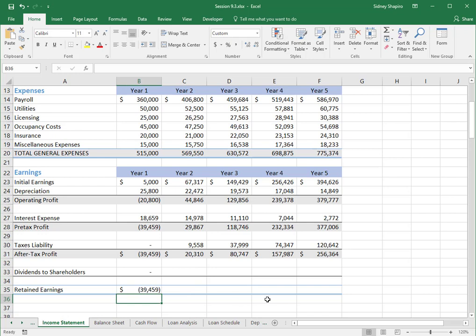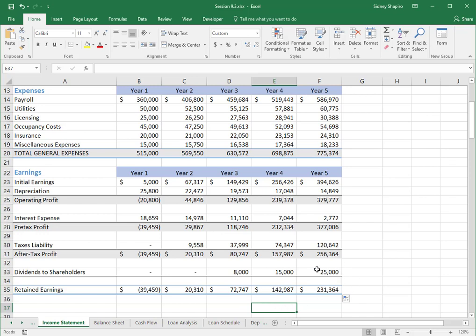Okay, so we have a net loss of $39,459, because keep in mind that we're not paying dividends in the first year. Okay, so now it says B33 to B35, so we'll grab it like that, and we'll copy over the formulas. So this is the bottom line, if you will.